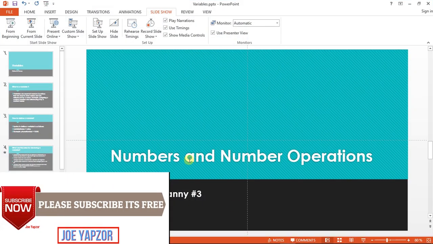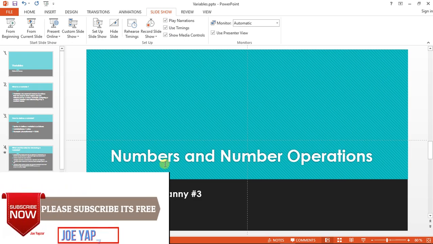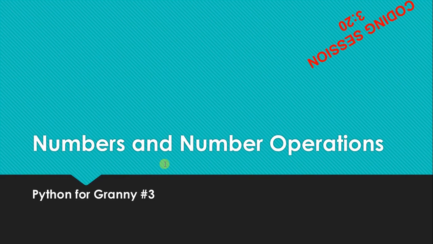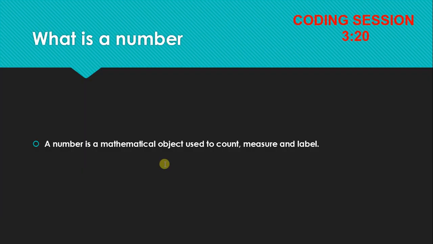Okay, so last time, in episode 2, we did data types, and today we are talking about numbers and number operations in Python. A number is simply a mathematical object that is used to count, measure, or label. We count using the integers, that is 1, 2, 3, 4, 5.